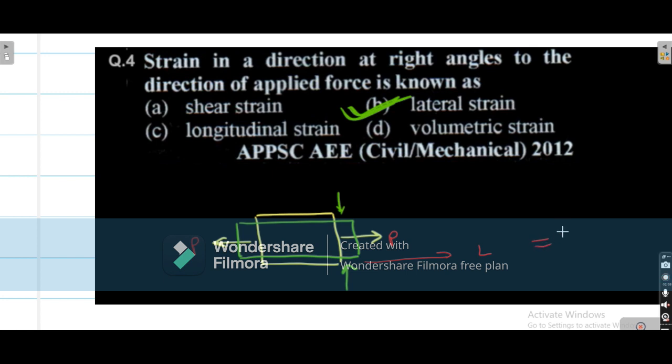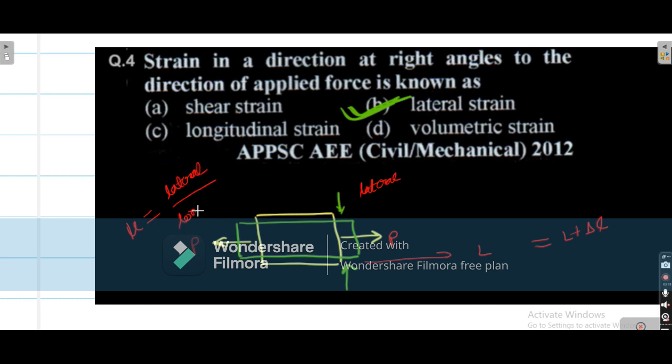If the original length was L, now it becomes L plus del L. At the same time, in the transverse direction, the width of the beam will decrease. So if this is our longitudinal direction, then perpendicular to the longitudinal direction, the strain produced is lateral strain. We have also studied Poisson's ratio.